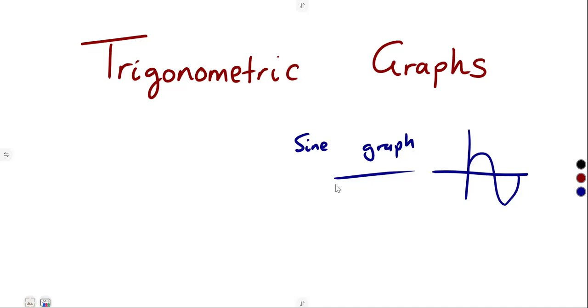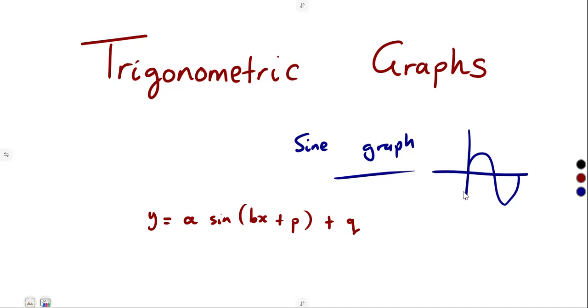In our case, we are going to consider the graph taken as y is equal to a sine of bx. Then we can also have an effect of p, which can be plus or minus. We can also have the effect of q, which can also be a plus or a minus.